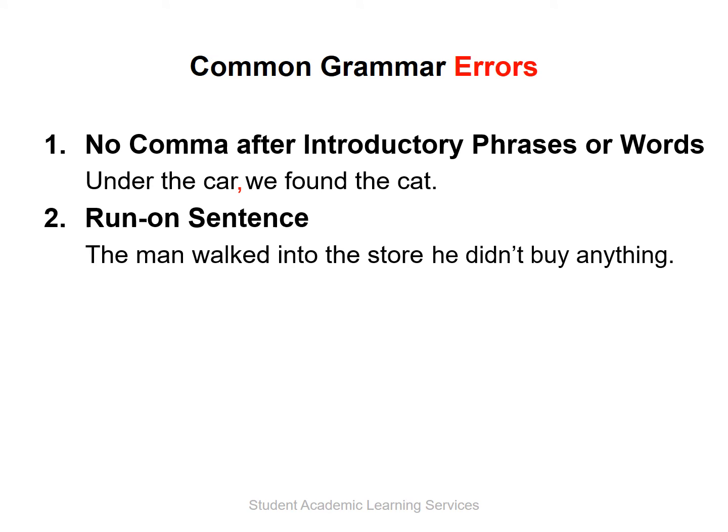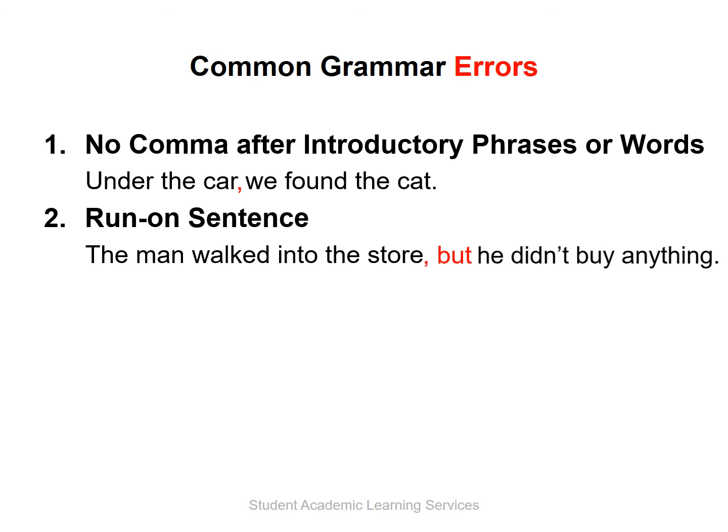The second example is a run-on sentence. The man walked into the store, he didn't buy anything. Now you may notice after store, there's a problem because we're starting a completely new full sentence. So in fact, we have two sentences here which run into each other, and so it's called a run-on.